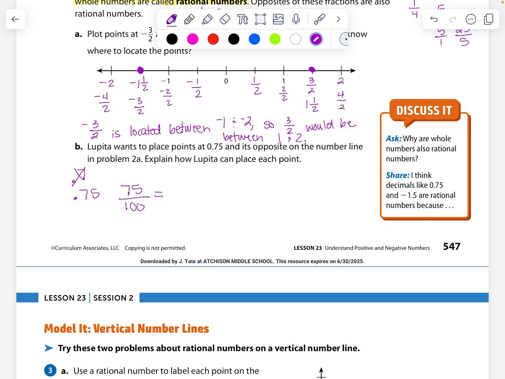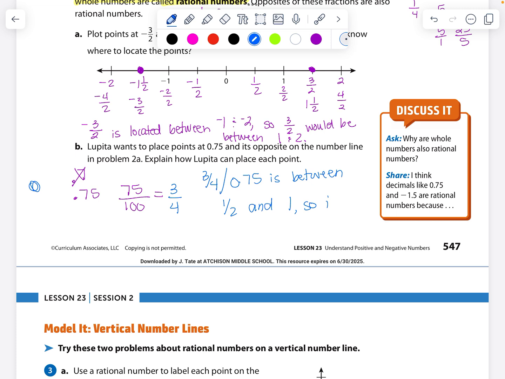I'm sorry, this pen is not working for some reason. Let's try a different color. Okay, and so where would 3/4 be located? You'd have to know that 3/4 or 0.75 is between 1/2 and 1.